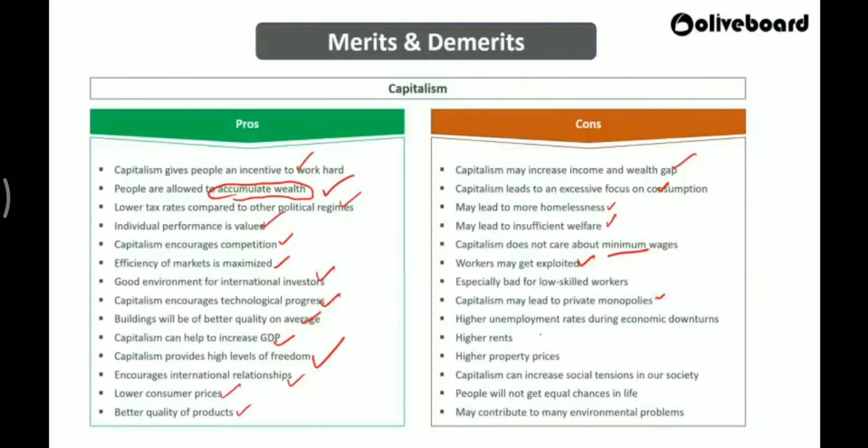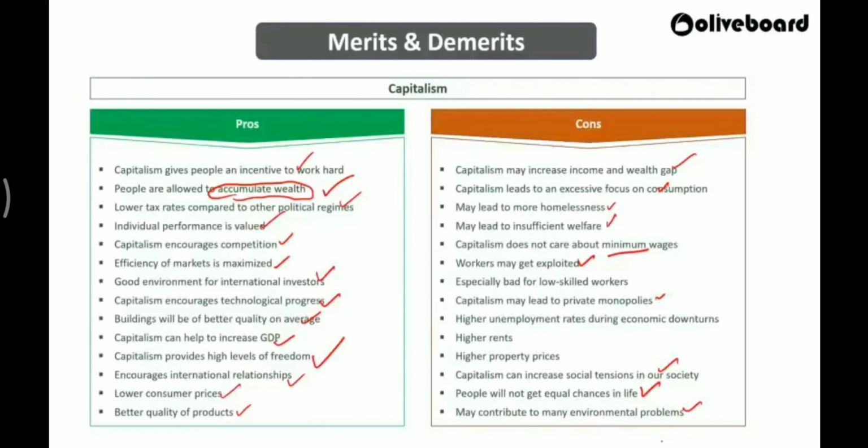All right. Higher rents and higher property prices can increase social tensions. Yes, because welfare is taken for a toss, social security is taken for a toss. Obviously, social tensions will be there in capitalism. People will not get equal chances in life, because inequality is a given of what? Capitalism. It may contribute to many environmental problems.